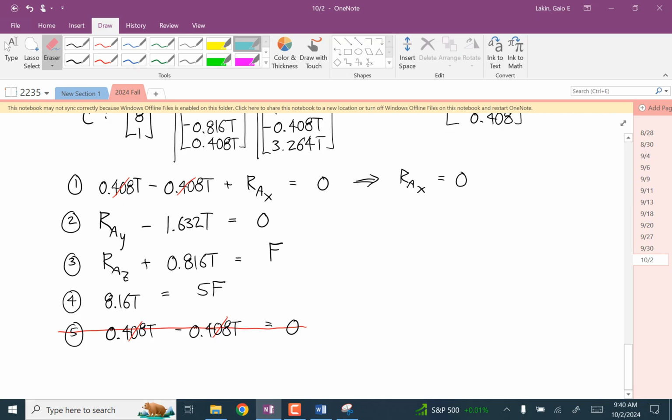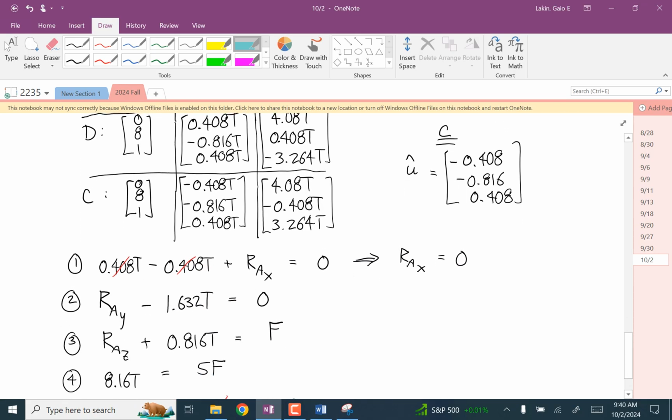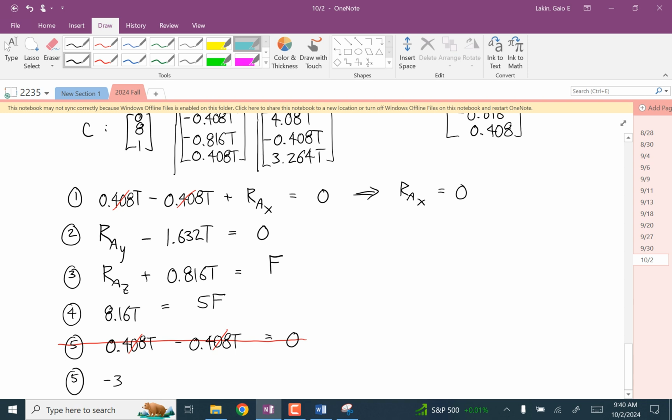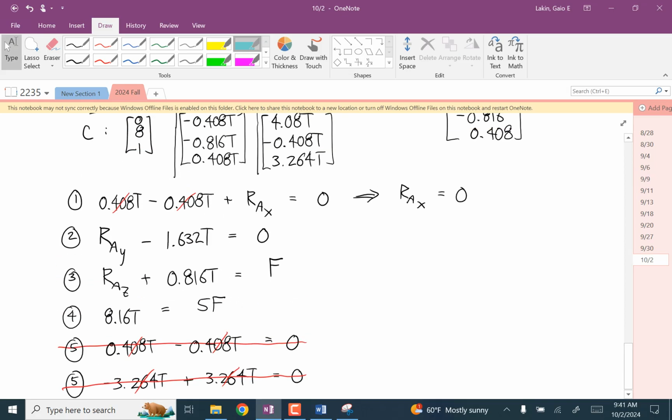And so I'll call this one equation 5, I guess. And that says negative 3.264t plus 3.264t is equal to 0. This one again, those cancel. And so we only have 4 equations, and they're pretty simple to solve by hand.